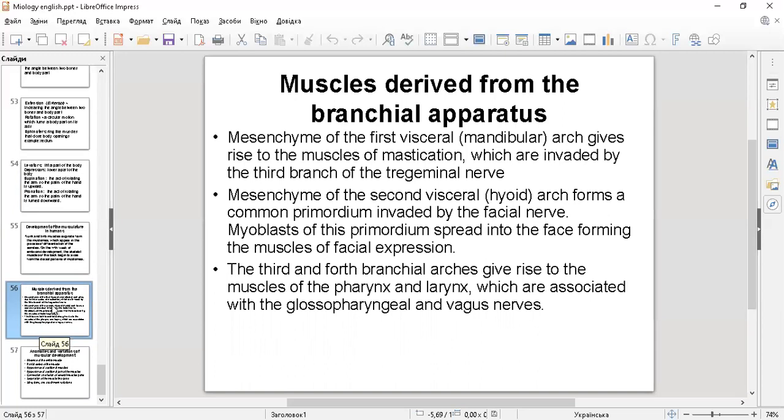Muscles derived from the branchial apparatus. Mesenchyme of the first visceral mandibular arch gives rise to the muscles of mastication, which are innervated by the third branch of the trigeminal nerve.